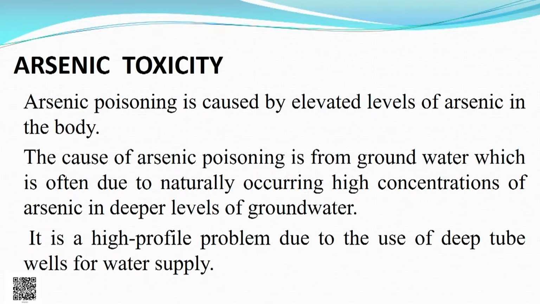The cause of arsenic poisoning is groundwater, which is often due to naturally occurring high concentrations of arsenic in deeper levels of groundwater. And it is a high profile problem due to the use of deep tube wells for water supply. So this is the process.